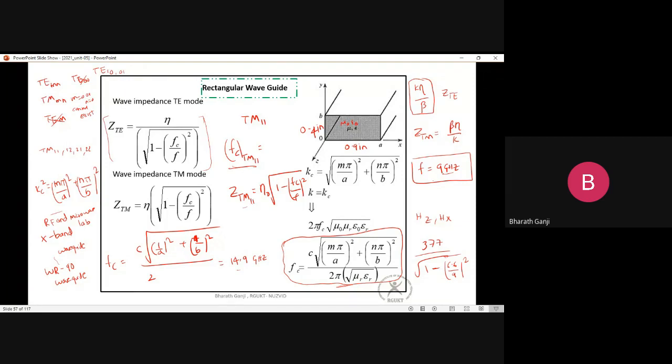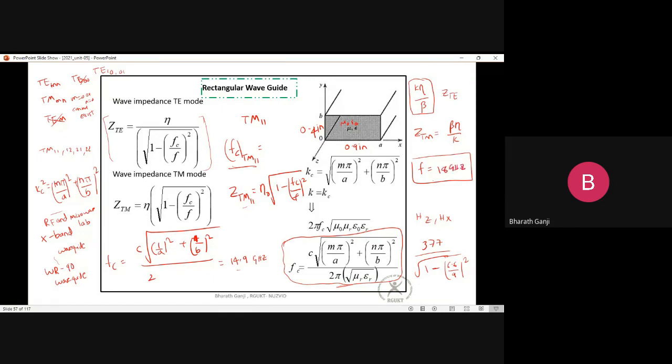They will ask these kind of tricky questions in competitive exams, right? So you need to be careful. Just because it is given, you should not directly substitute. In fact you would get a complex number, and then you would realize that something is wrong. Say for example I take a frequency of 18 gigahertz.